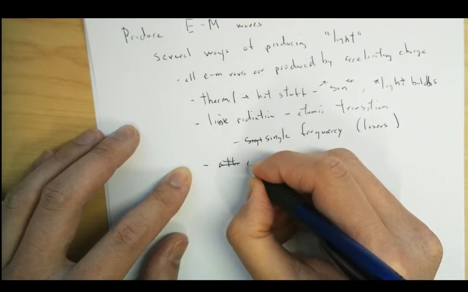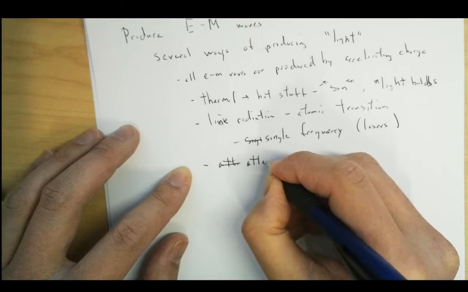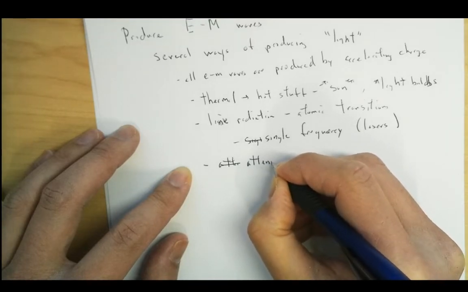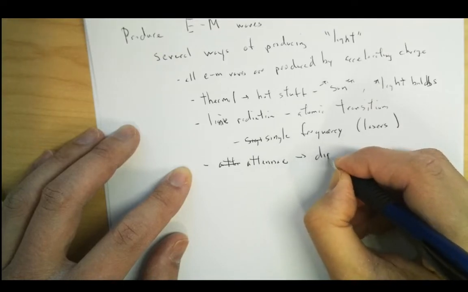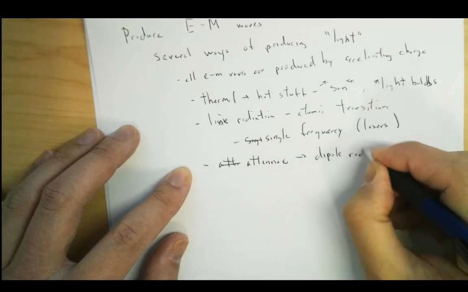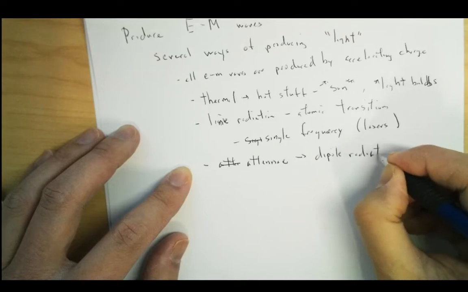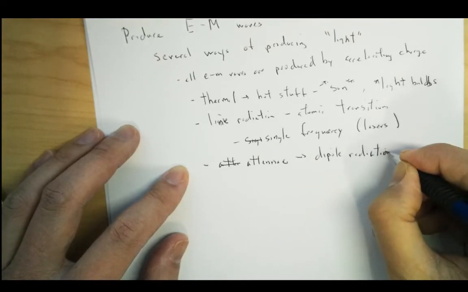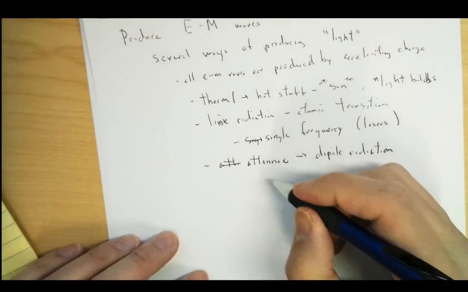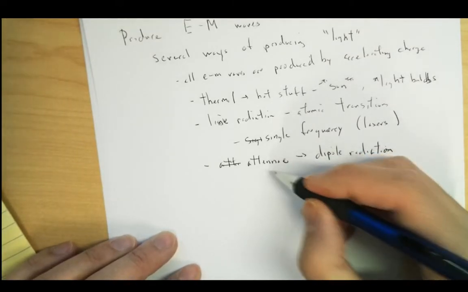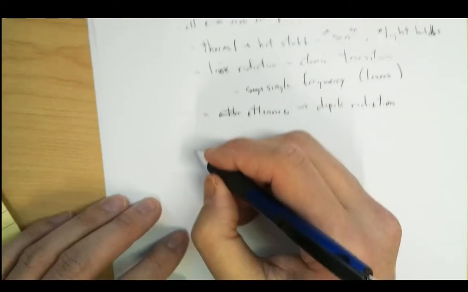Let me write that. A-N-T-E-N-N-A-E. Antennae. It's called dipole radiation. Not exactly dipole, depends on the antenna, but the simplest antennas are all dipoles, and so they basically produce electromagnetic radiation as well. We're going to talk about this last piece because it's usually the most instructive for this purpose.